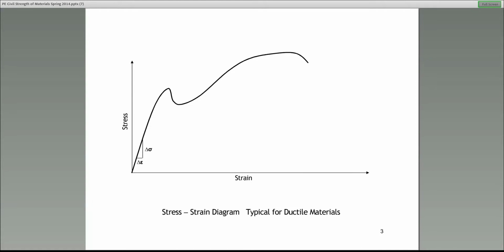What I need you to understand is the shape of the stress-strain curve here. This is for a typical ductile material, and there are certain points along this stress-strain curve that are important, and for the test you need to know the definitions of those points.